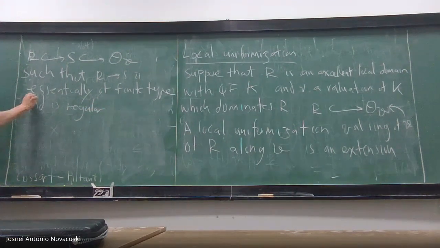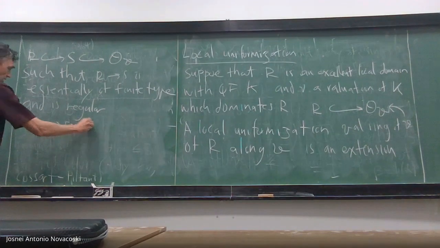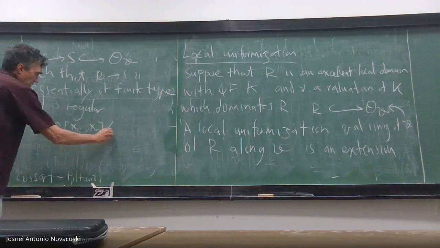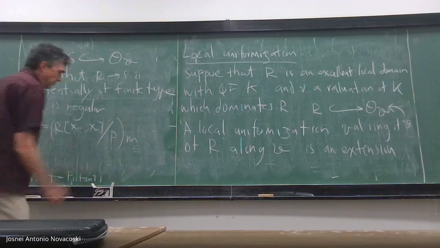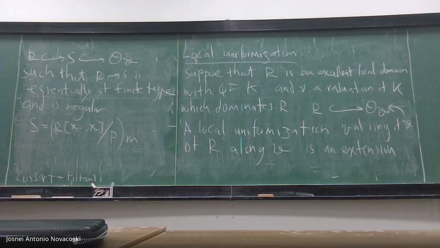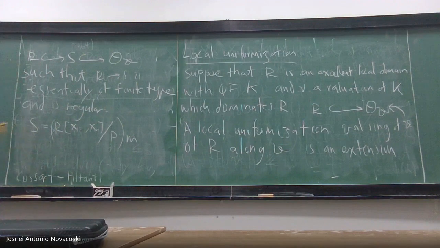So what does essentially finite type mean? This means that S is a polynomial ring over R modulo a prime ideal, and then you localize that at some prime ideal. Okay, that's what it means in this case. And it's a regular local ring.